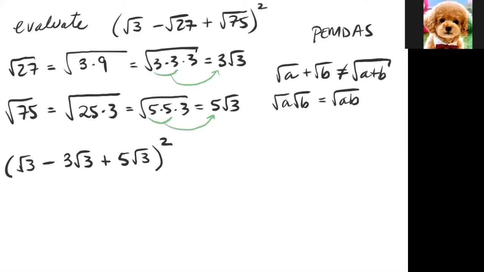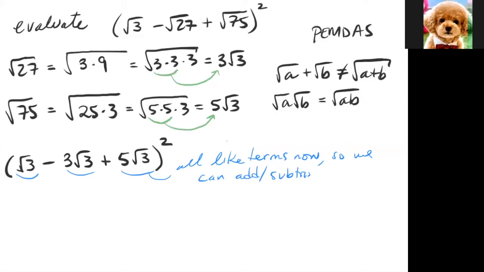So that's good. It means they're all like terms. I'm just going to underline them and say they're all like terms now. So we can add and subtract them. So we have 1 minus 3 plus 5.